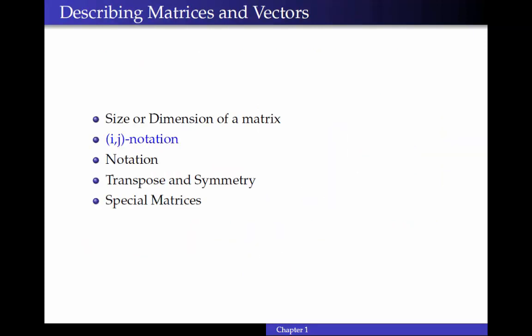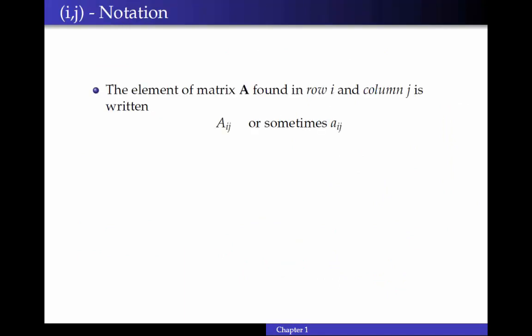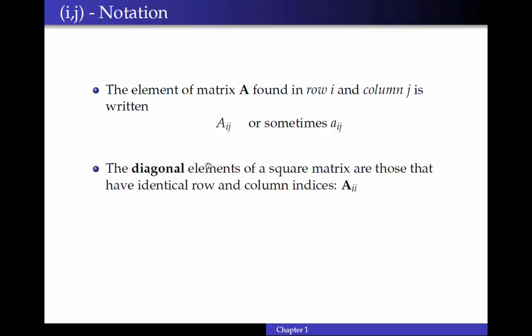So now let's move on and talk about IJ notation. The element in the ith row and jth column of a matrix is written Aij. Sometimes we'll use a small a, ij. The diagonal elements of a square matrix are those that have identical row and column indices, Aii.